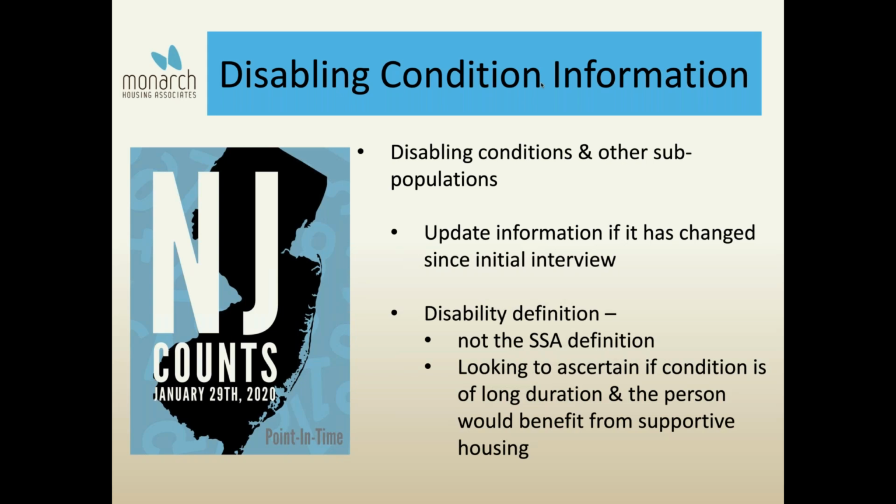So if someone came into your shelter a month ago and recently saw a doctor and was diagnosed with COPD, we just ask that you update that information to be accurate for the date of the point in time as well. So again, the disability definition is not what the Social Security Administration defines it as. We're just looking to see if a person's condition is of long duration and would benefit from supportive housing.